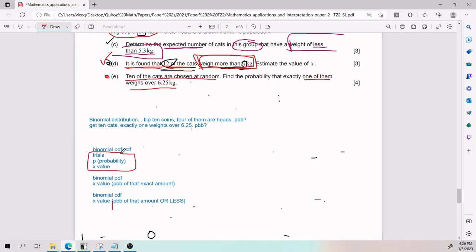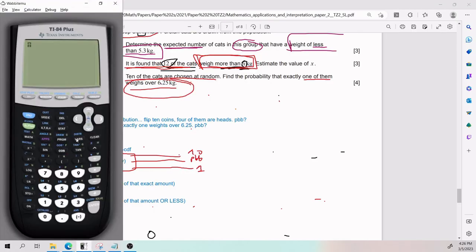All right? Awesome. So trials is going to be 10. My probability is something that I have not found yet, and my X value is going to be 1. Which probability are we talking about? We're talking about the probability that one of these cats weighs over 6.25 kilograms. So how can I find that? Well, I'll go to distribution, normal CDF. My lower is going to be 6.25.